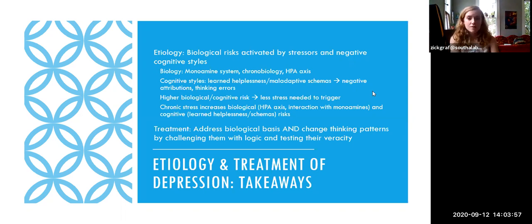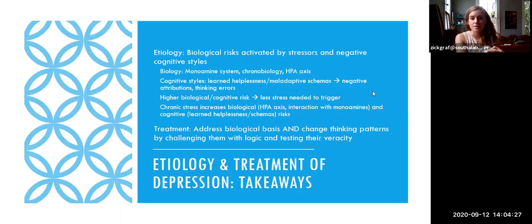In addition to biological risk factors, people have risky cognitive styles, either because of learned helplessness in their past, experiences of uncontrollable negative stress, or maladaptive schemas, beliefs that no matter what they do, at their core, they're unlovable or defective. In general, the more biological and cognitive risk someone has for depression, the less stress is needed to trigger a depressive episode.